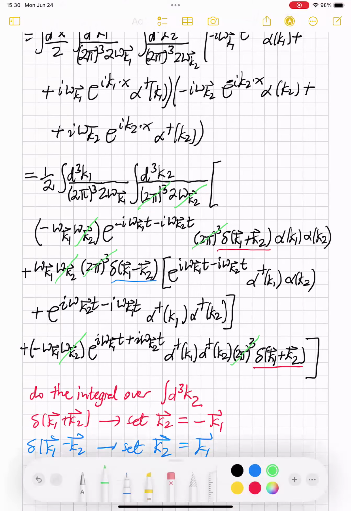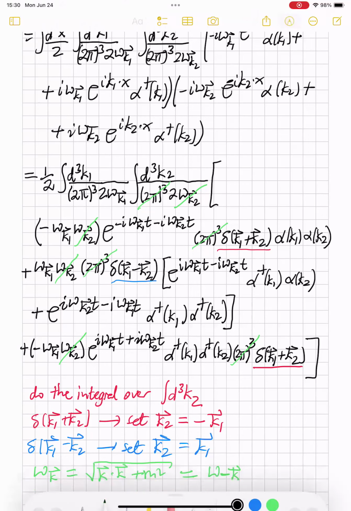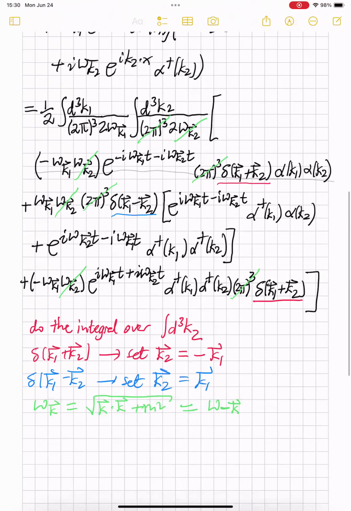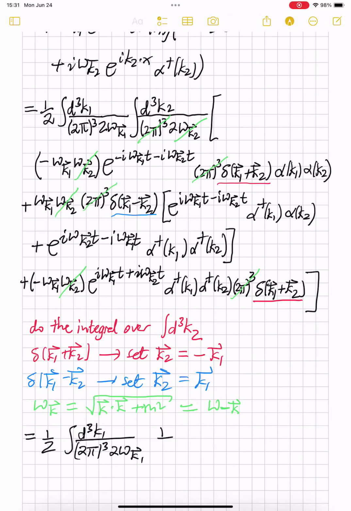So now let's go ahead and write down what's the answer of doing this integral. So we'll have equals 1/2. We won't have the integral d3k2 anymore because we've done that integral. But we will have an integral d3k1 over (2π)³, and we will still have the 2 omega k1. Then the only thing that's left from this measure is the 1/2, because we've cancelled the omegas and we've cancelled the (2π)³.